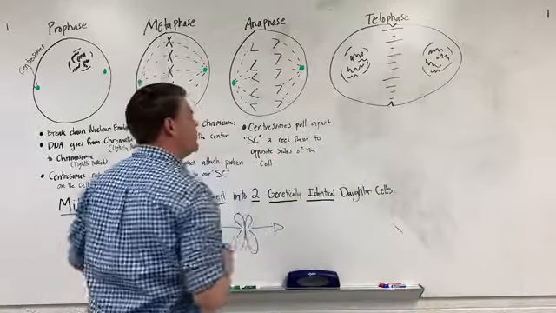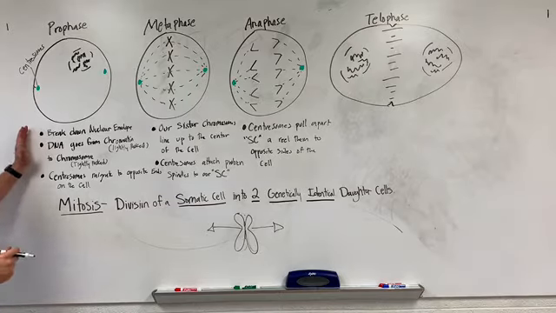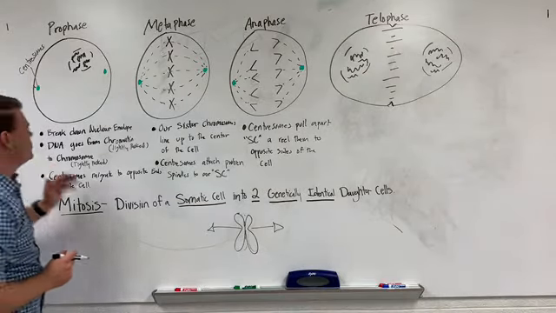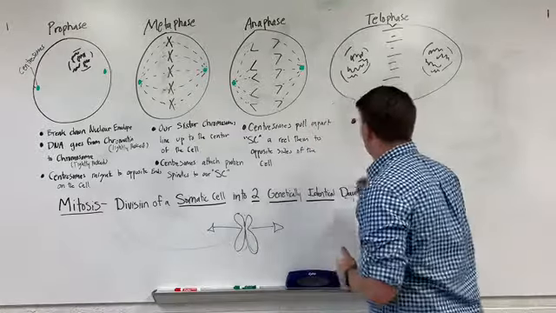Now, our telophase, our last phase, we're going to be reversing some of the things that happened down in our prophase. So the first thing we're going to do is build back up our nuclear envelope.